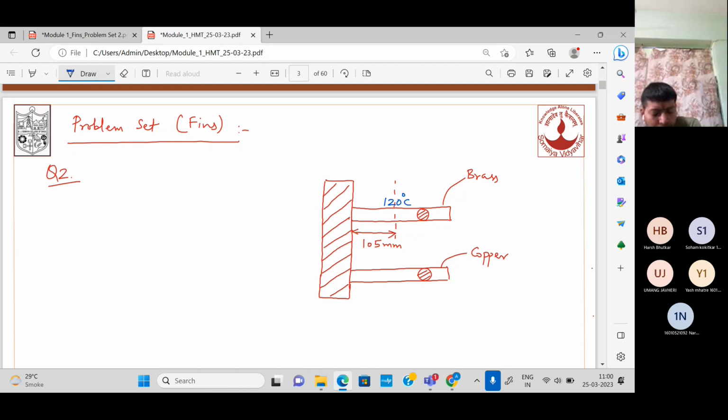That we have shown. Now the question is at what distance from the furnace end the same temperature would be reached in the copper rod.